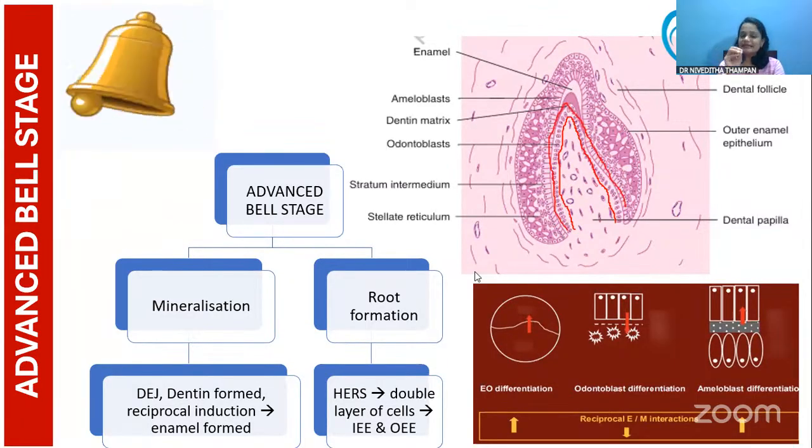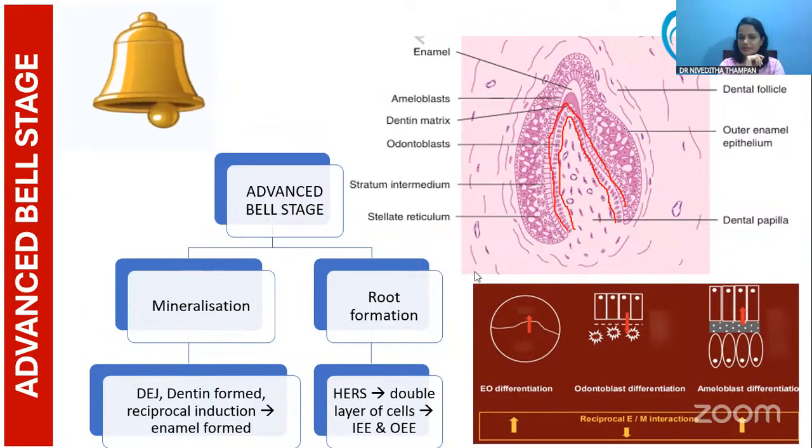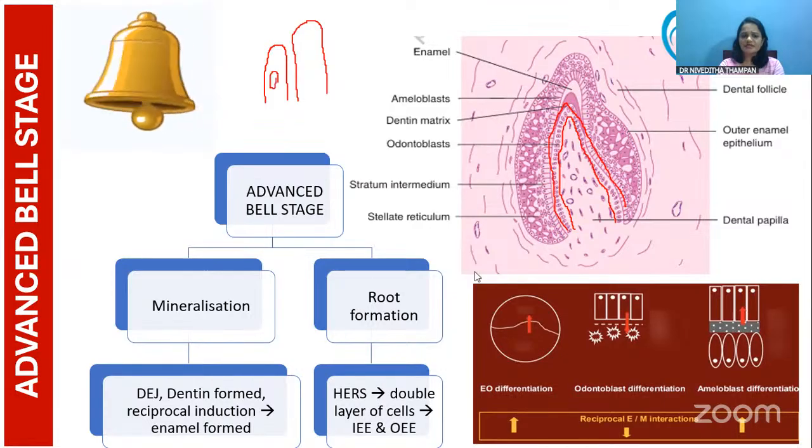Now once the dentine is secreted, that becomes a signal for the inner enamel epithelial cells. Once the dentine is deposited, the inner enamel epithelial cells, which are long columnar cells with the nucleus at the center of each cell, get the signal and are converted to ameloblasts. In the ameloblast, the nucleus goes away from the basement membrane.